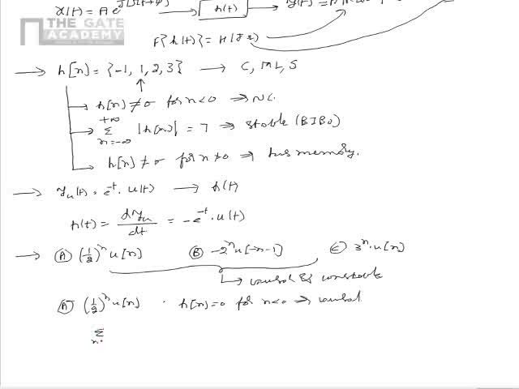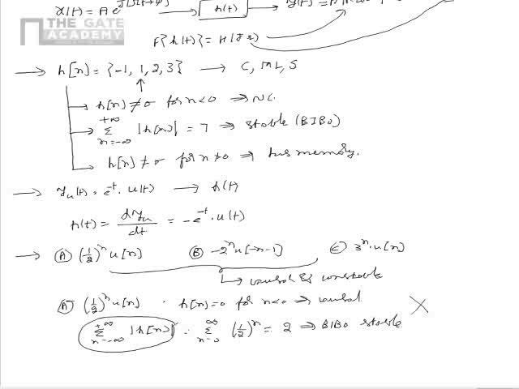We also see that the sum over n from minus infinity to plus infinity of |h(n)| can be written as the sum over n from 0 to infinity of (1/2)^n, which upon simplifying using the infinite series sum formula can be reduced to 2. As the summation is finite, we see that the system is stable in the BIBO sense. So this is not the required one.